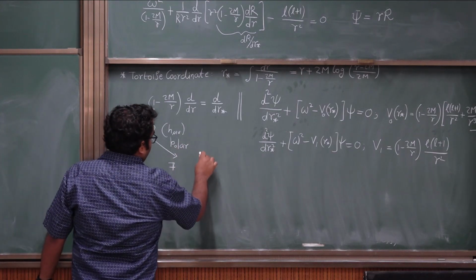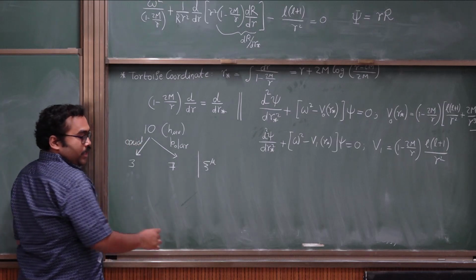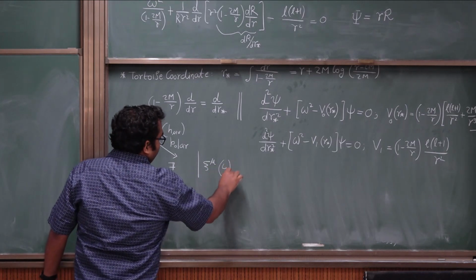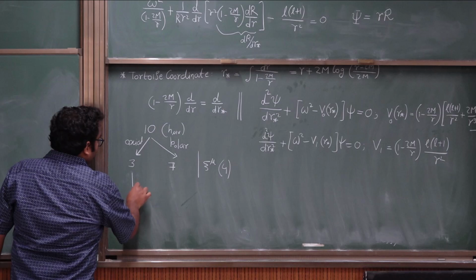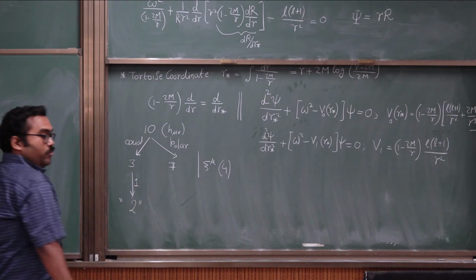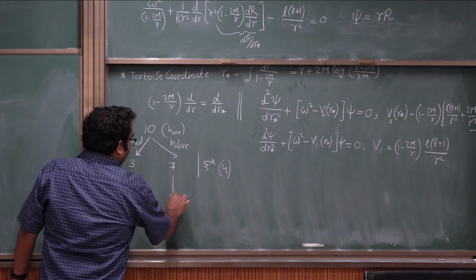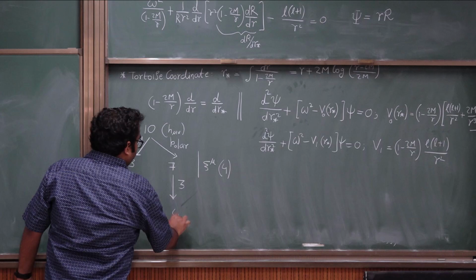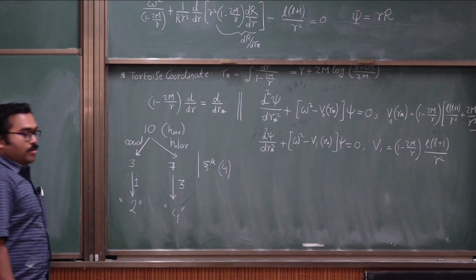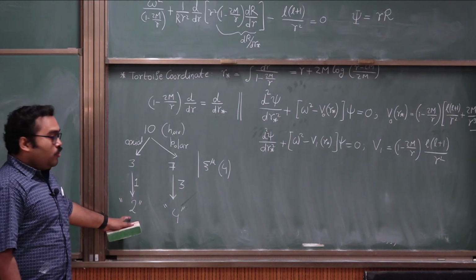Then you have the diffeomorphism vector xi mu, which has 4 independent components, and among that 4 you use one component to reduce this to 2 degrees of freedom in the axial sector. Here you use 3 components to reduce it to 4 degrees of freedom in the polar sector. So that is how it goes. And what are these 2 components?